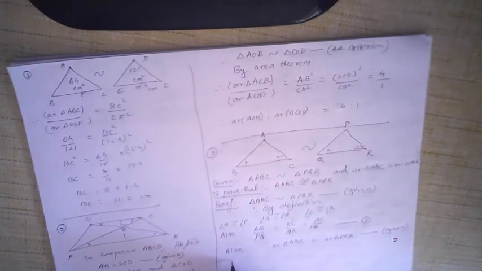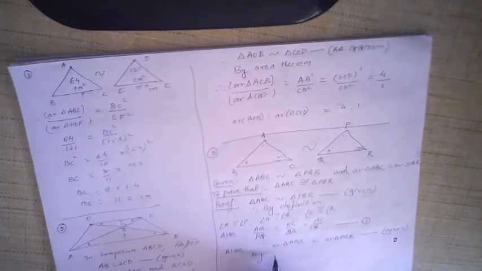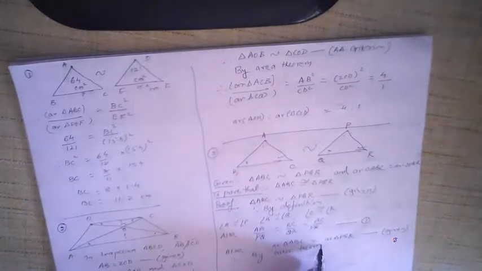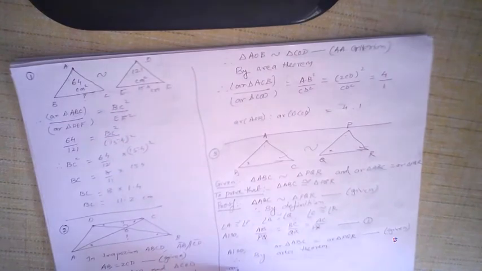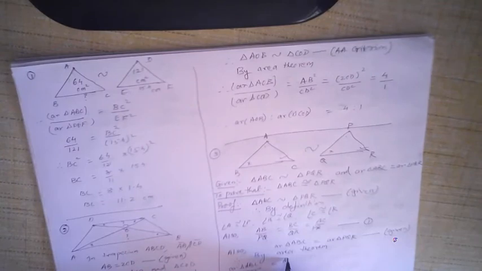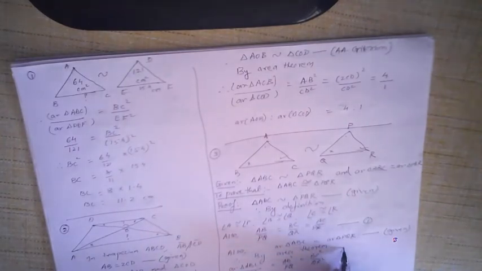Alright. Therefore, by area theorem, that is theorem 6.6, the area of triangle ABC upon area of triangle PQR, the ratio of these areas, is equal to AB square upon PQ square, is equal to BC square upon QR square, is equal to AC square upon PR square.